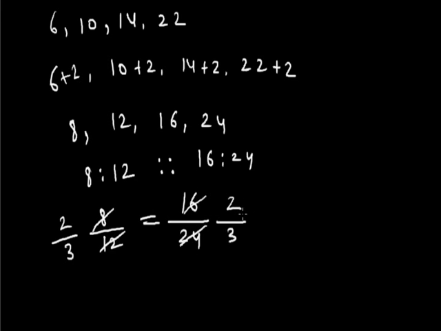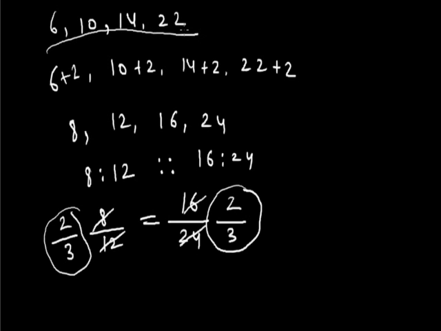Cancelling the common factor of 8, I get 16 upon 24 equals 2 upon 3, and we can see that these two fractions are equal. That's why our result is correct, and the number x that should be added to each term of the series 6, 10, 14, 22 is 2, so that the resultant four numbers are in proportion.